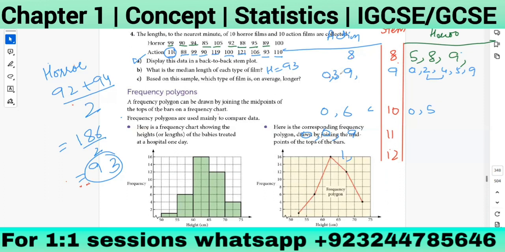It's going to be 1, 2, 3, 4, 5, 6. So it's going to be 100 plus 106 divided by 2.